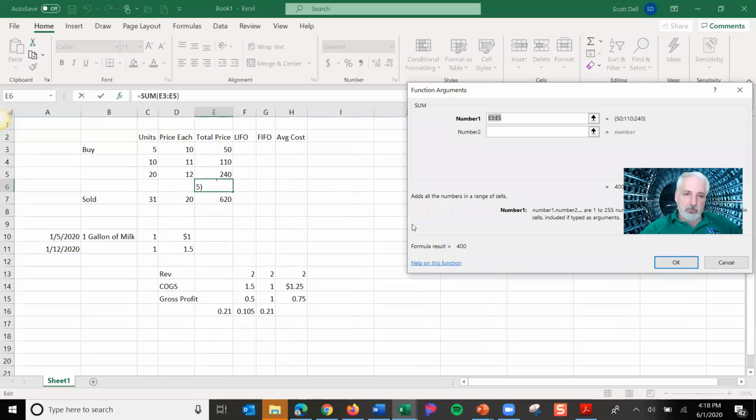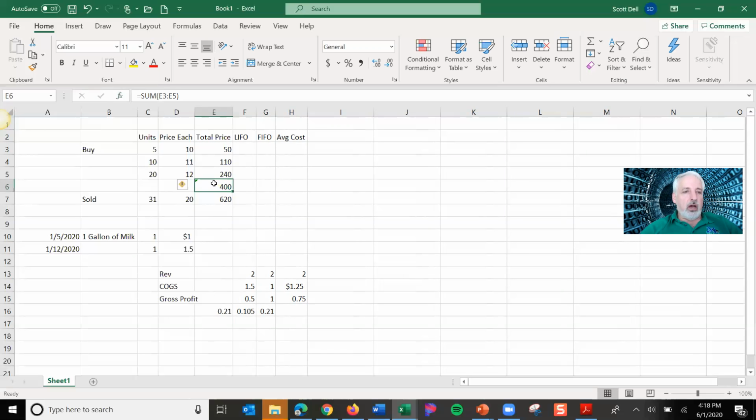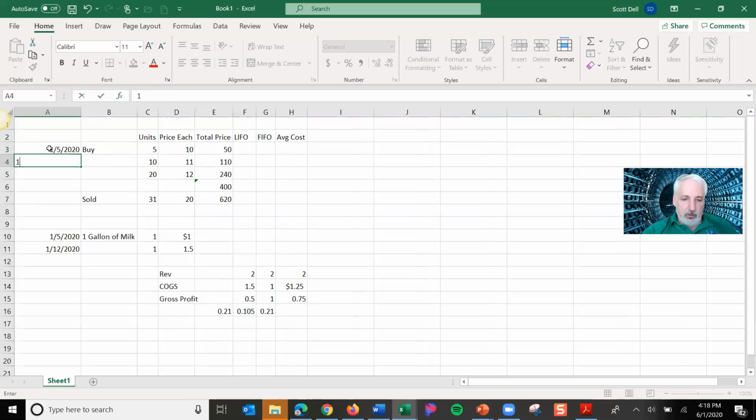When I do sum, it says, okay, we'll do from here to here. And I had $400 in total cost of 3 different layers. This might have been January 5th. This might have been January 12th. This might have been January 20th. And we sold that on January 25th.